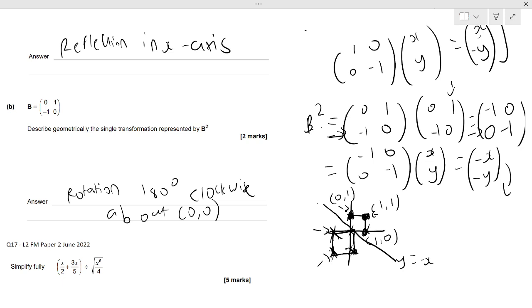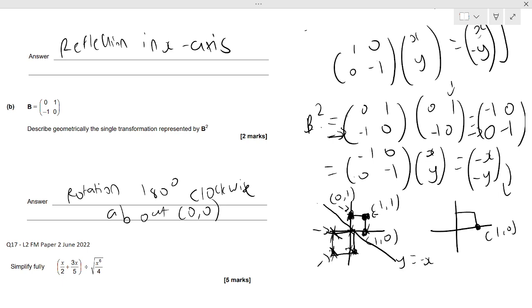Again, what I did here, and in the other question as well, you might have two possible transformations. The square might look the same under two different transformations, but to rule one out, you need to consider what each point maps to. So, to reiterate, this point on the square is 1, 0.